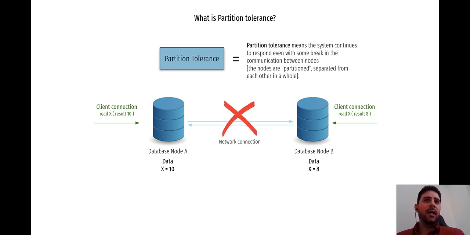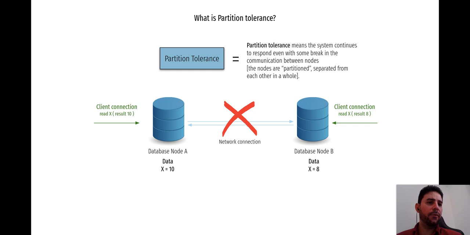And the last property is partition tolerance. First of all, what is a partition? What is partition tolerance? Partition tolerance means that the system continues to respond even if some communication breaks in the system. But the client doesn't see that.